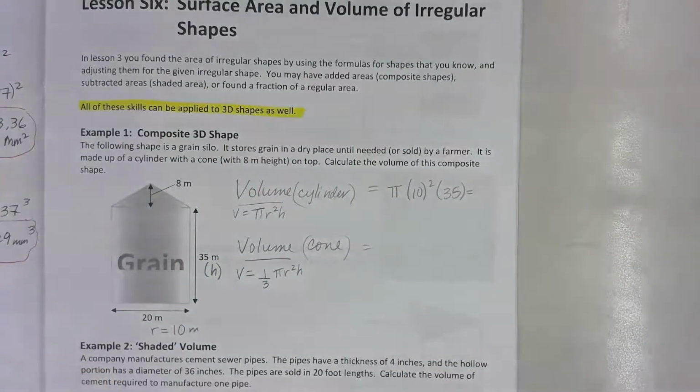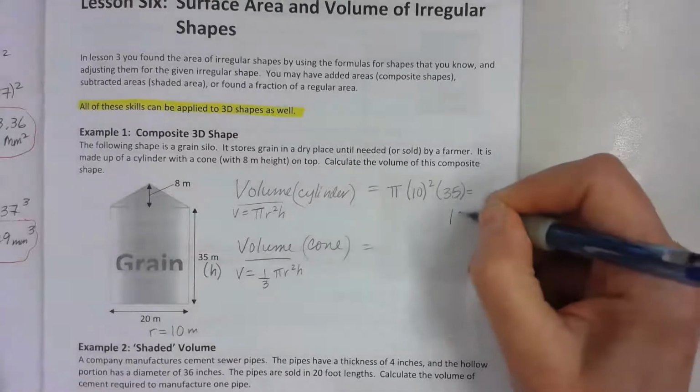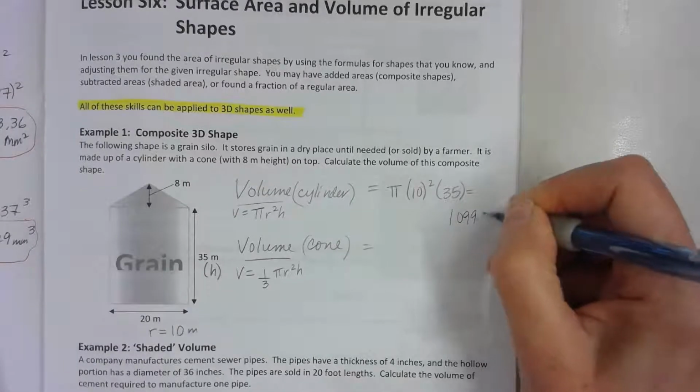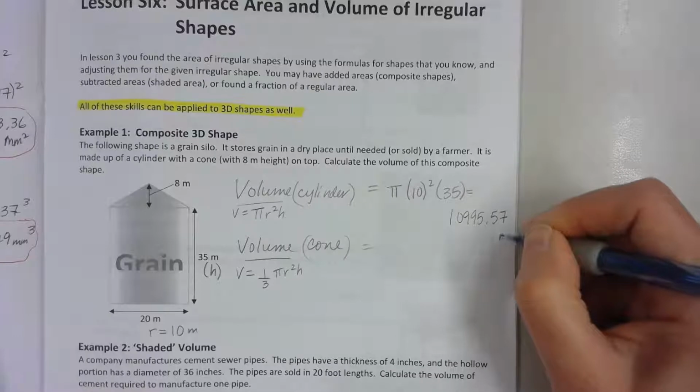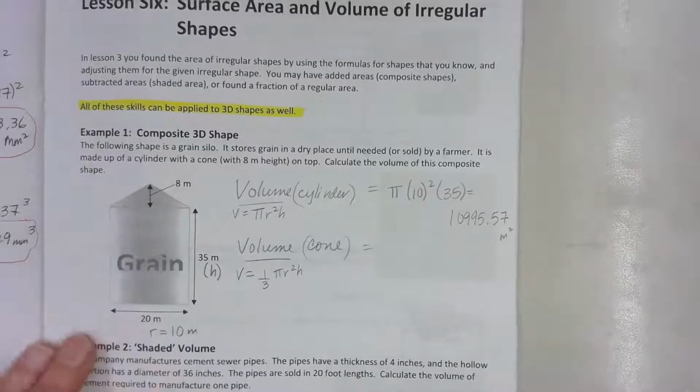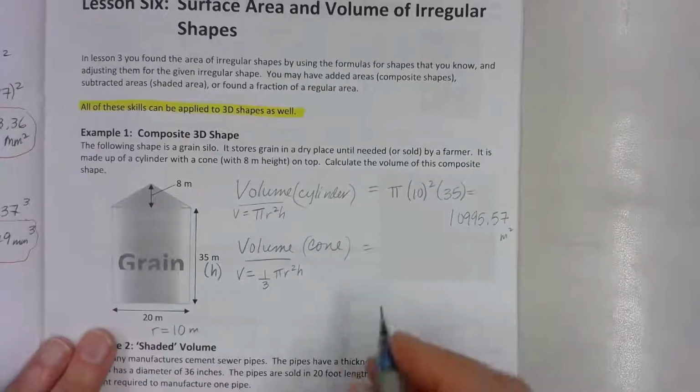And I'm going to put that all into my calculator. And I get 10995.57 meters squared. And then the volume of the cone, what do I need?